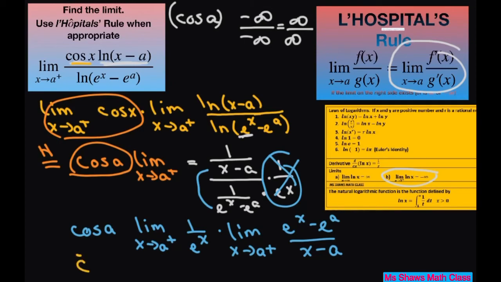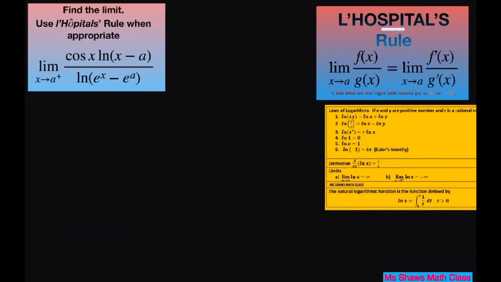All right, so the next thing we're going to do is this is just going to be cosine of a times 1 divided by e to the a power. And then I'm going to apply L'Hopital's rule to this as well. So when you do that, you're going to get cos of a times 1 divided by e to the a power, times the limit as x approaches a from the right of the derivative.